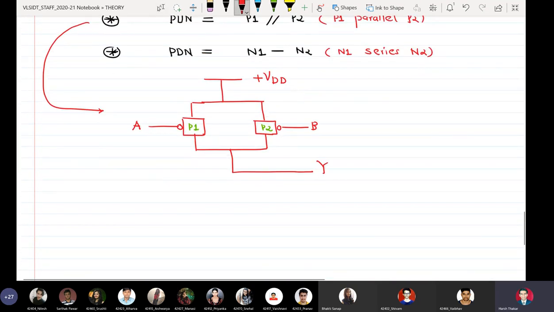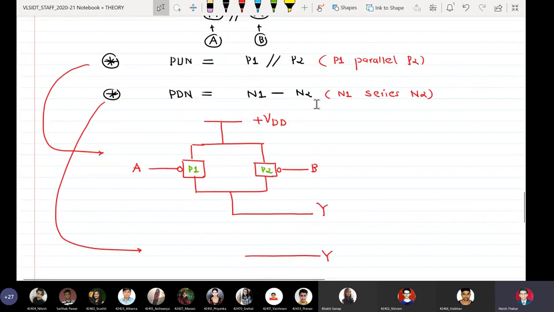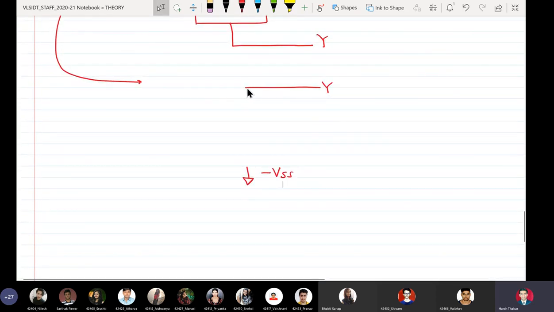Similarly, I have to draw the pull-down network in the same way. The difference is the pull-down network is now connected between Y and VSS. So I have my output Y and here I have my VSS. Now my pull-down network is N1 series N2. So between output Y and VSS, I have two NMOS devices connected in series. I will write down N1, N2. This is how you connect N1 in series with N2.